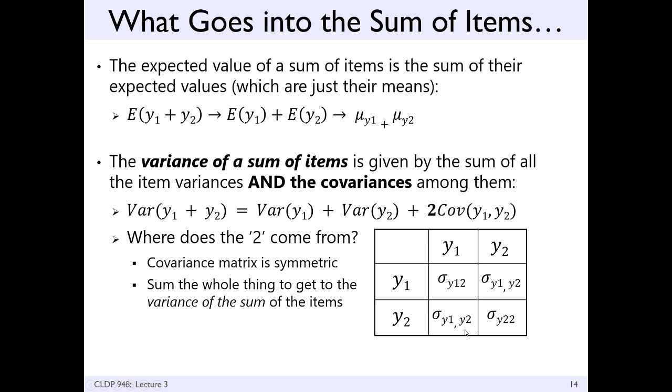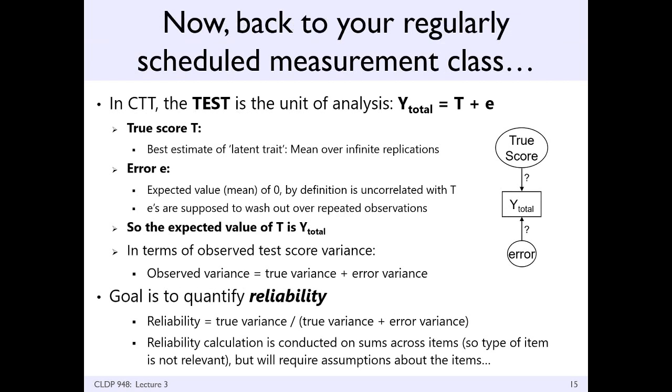So it shows up twice, and therefore if you wanted to summarize this entire matrix, you would have to have the variance of item 1, the variance of item 2, that should be a 1 right there, by the way, that's a typo, and the 2 of the covariances between them. So the extent to which items are reliable, that they go together, is indicated by this covariance part. That's the part that's important. And so that's why it's the unit of all of the analyses in terms of the measurement models.